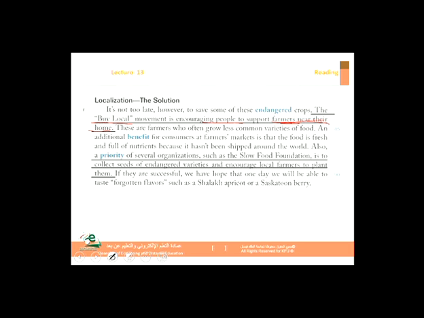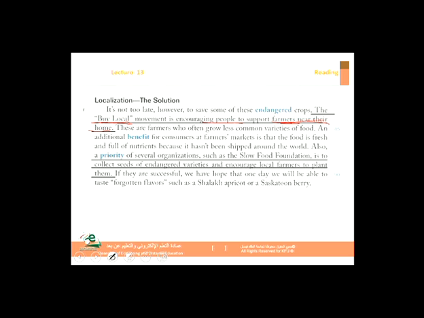So buy local, this is a movement, people's movement. Buy from the farmers around your home. If you do that, you will support farmers who are producing many varieties of food. So you are part of the solution.